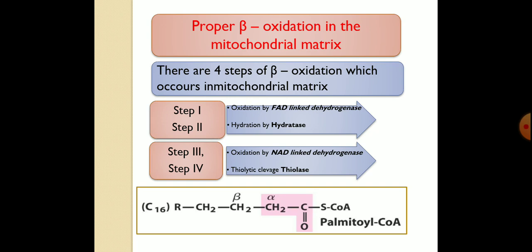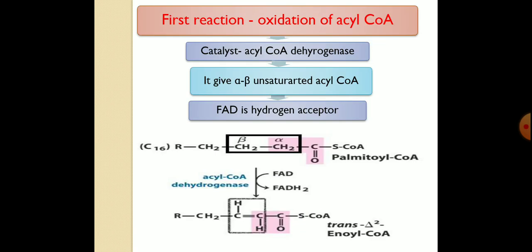Step 2 is hydration of compound in presence of enzyme hydratase. Step 3 is oxidation by NAD linked dehydrogenase enzyme, and step 4 is thiolytic cleavage in presence of enzyme thiolase.